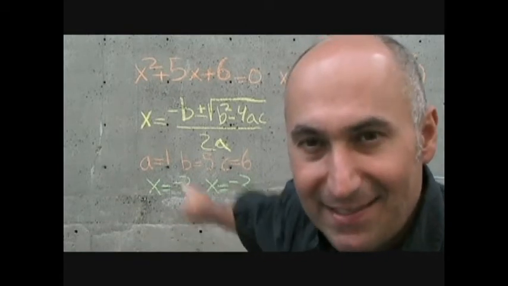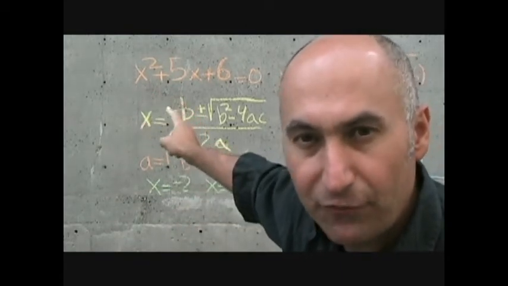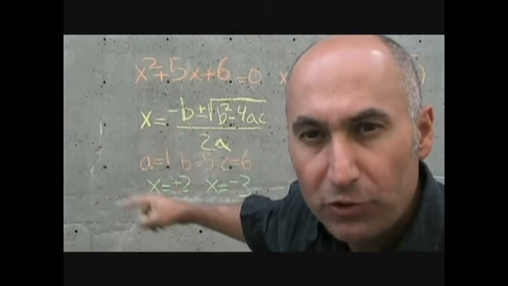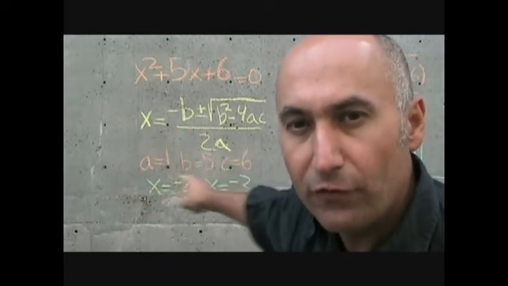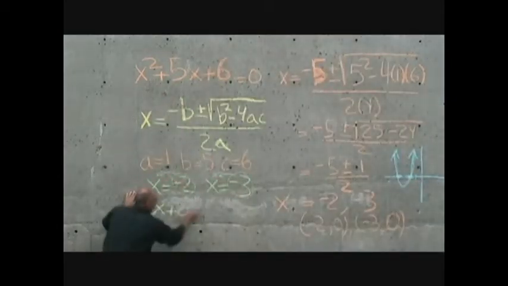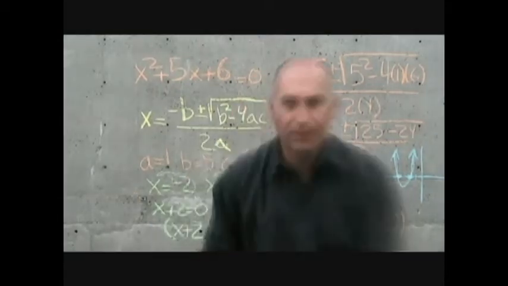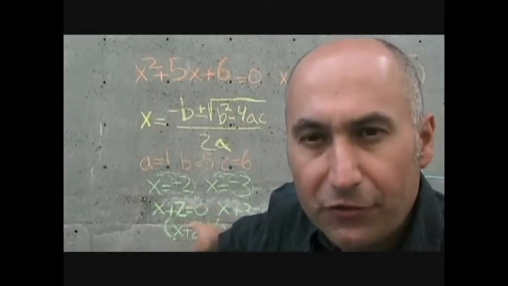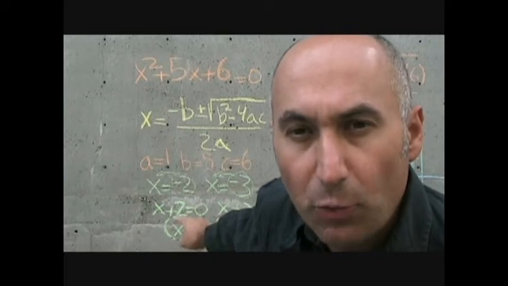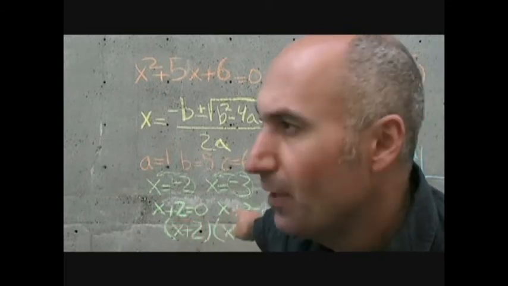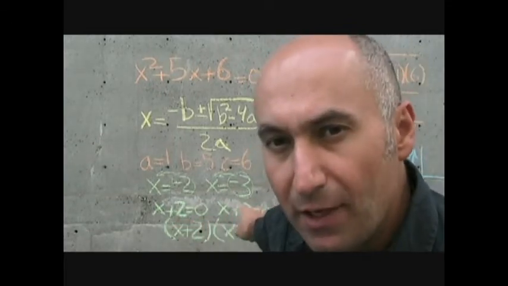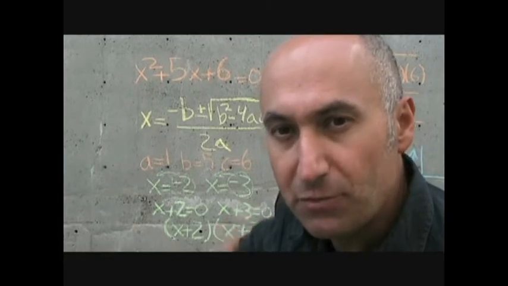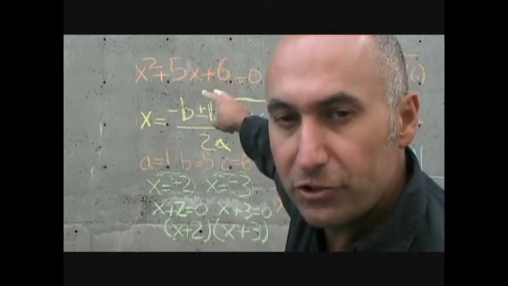To write this in factored form, you would grab the -2 and -3 and bring them over. So what you have is x plus 2 is equal to 0 and x plus 3 is equal to 0.